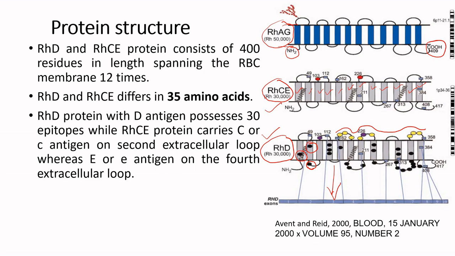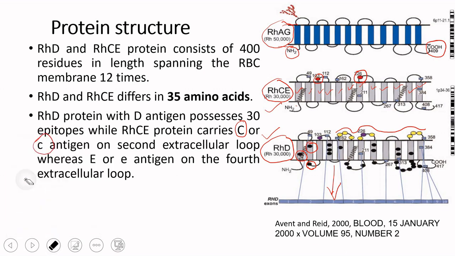In the case of RHCE, it has some of the antigens outside. Here you can see there are two red colored dots where the capital C and small c antigens are on the second extracellular loop. See, this is the extracellular loop.